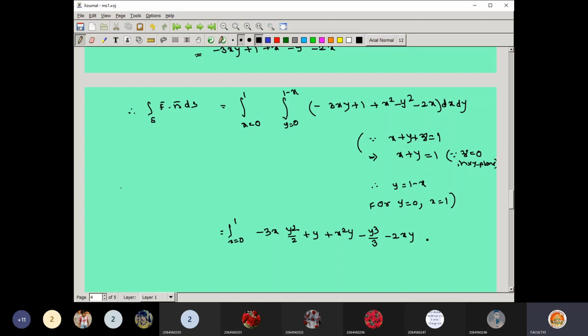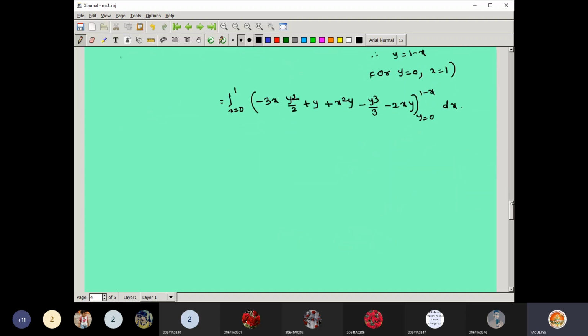This is your total expression, and you are substituting the y limits 0 to 1 minus x, and still we have dx here. Now substitute the first limit, then you enter into the x integration.